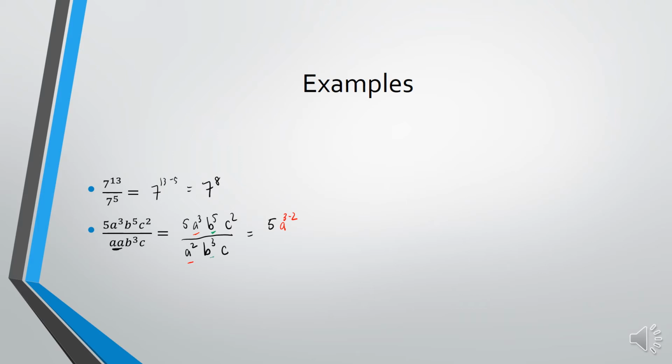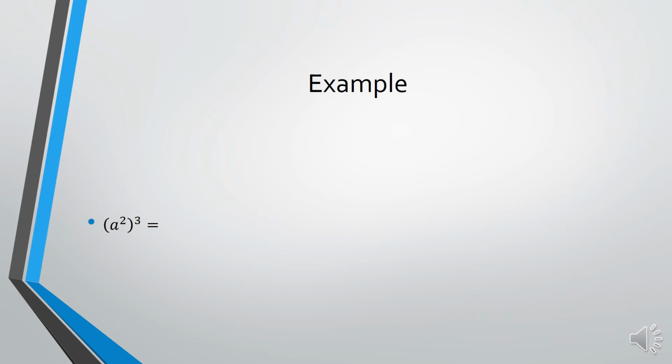So I have b to the 5th and b cubed. So it'll be b to the 5 minus 3. And then lastly, I have c squared and c to the 1 on the bottom. So c to the 2 minus 1. So my final answer, once I simplify all these exponents, is going to be 5a to the 1, b squared, so 5 minus 3 is 2, and c to the 1. So 5ab squared times c.